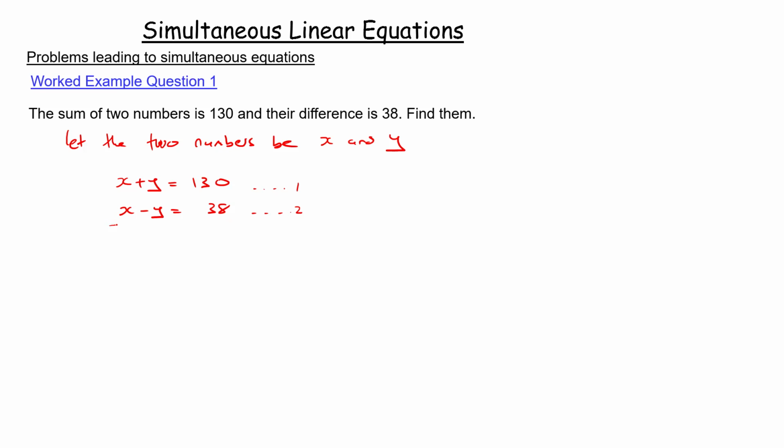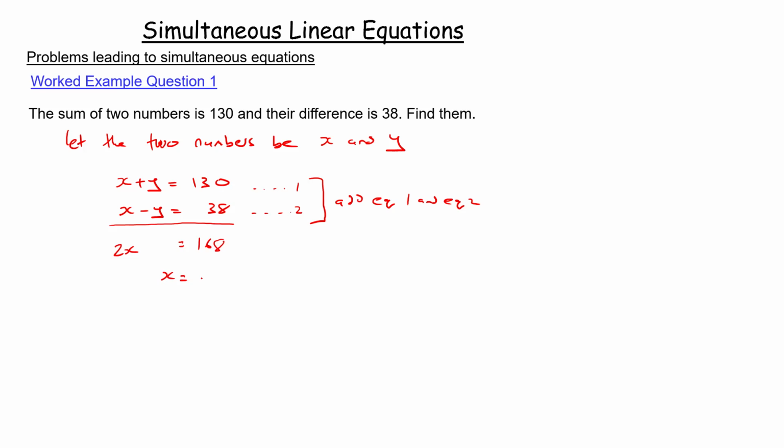So what we want to do is get rid of either x or y. In this case, I'm going to get rid of y by adding. Okay, so if I add x, I get 2x. y plus minus y gives me nothing, and then 130 plus 38, 168.